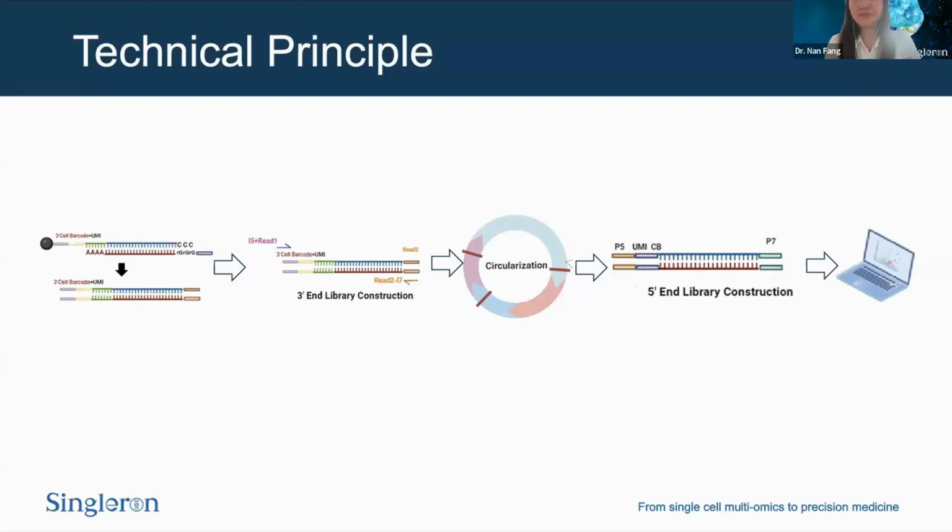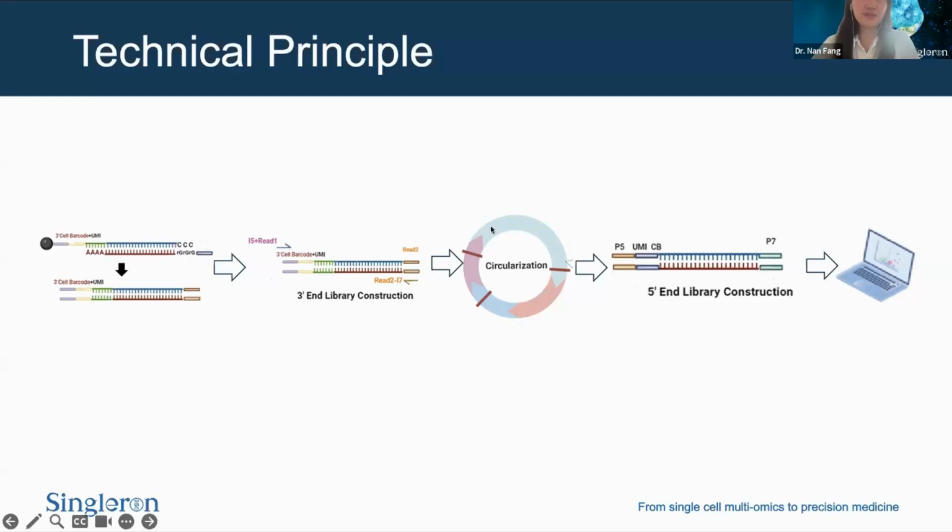It all started with a typical single cell RNA sequencing workflow where the cell barcoding beads with poly T will capture the poly A tail of the mRNA. And the cDNA synthesis will then start to generate full-length cDNA.